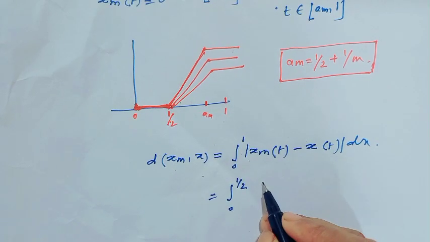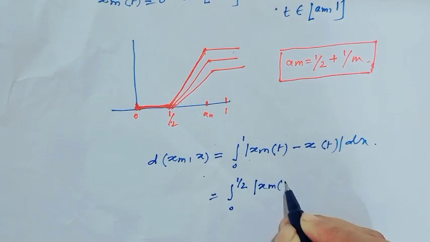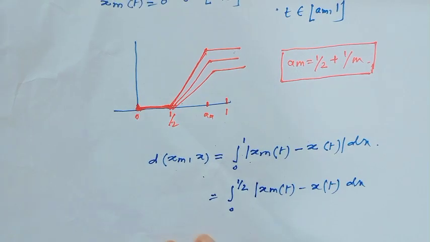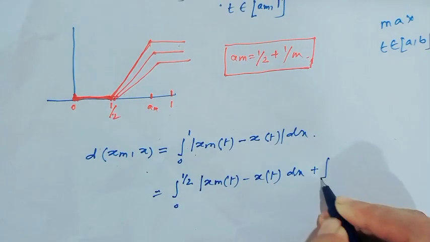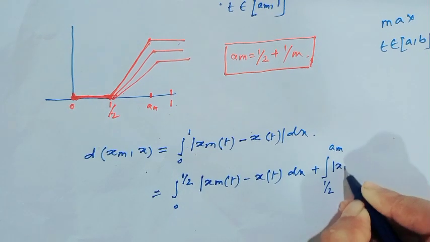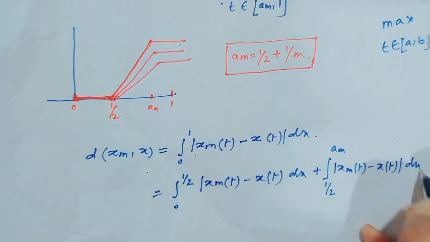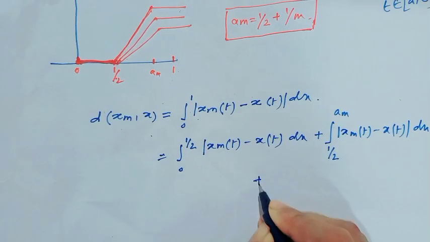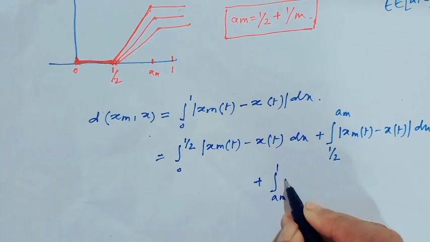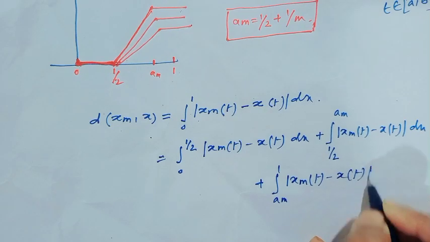We can break this as the integral from 0 to half, plus the integral from half to a_m, plus the integral from a_m to 1, of |x_m(t) minus x(t)| dt.